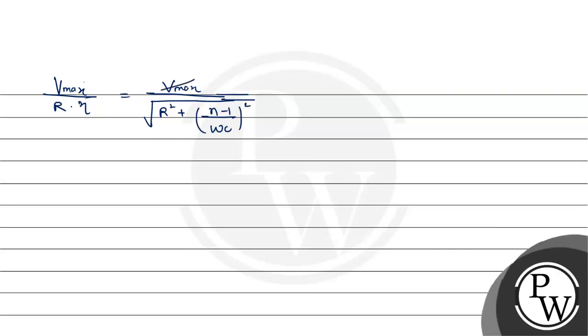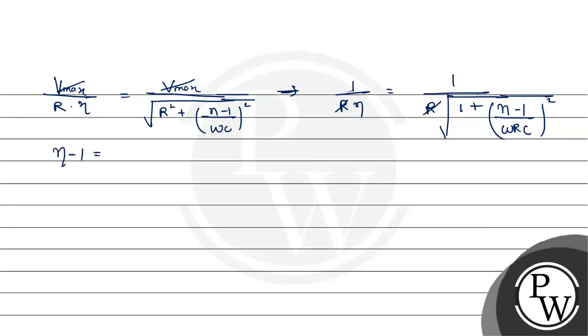So V max gets cancelled. From here we get 1 upon R eta is equal to 1 upon R, taking R common, 1 plus (n minus 1 upon omega RC) whole square. So R gets cancelled.